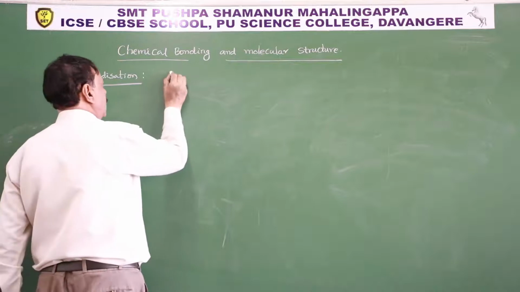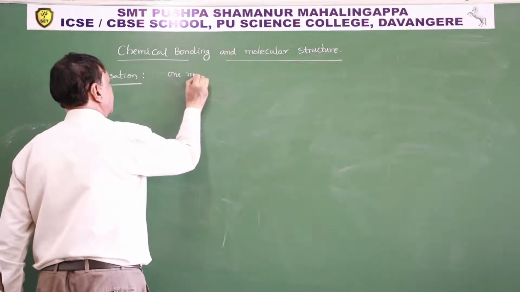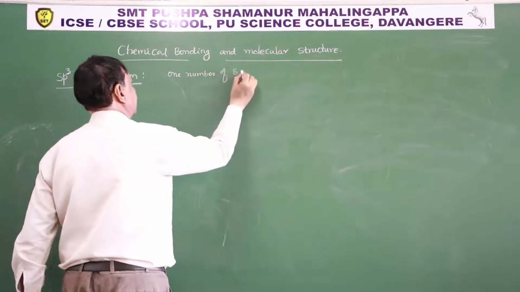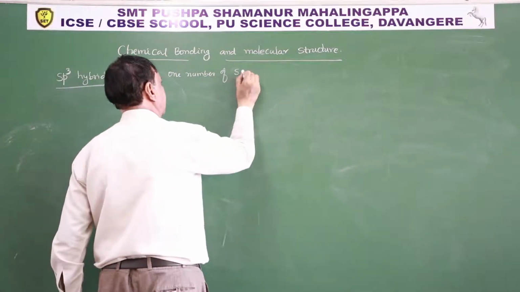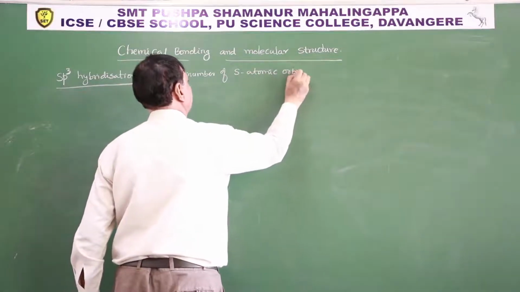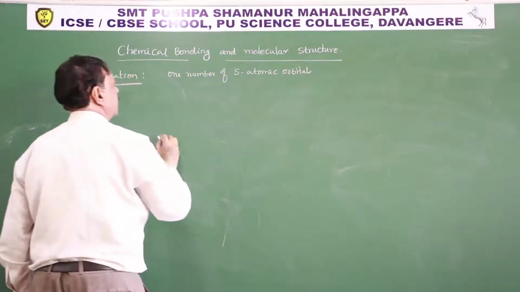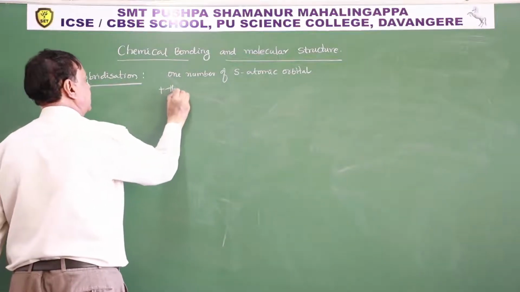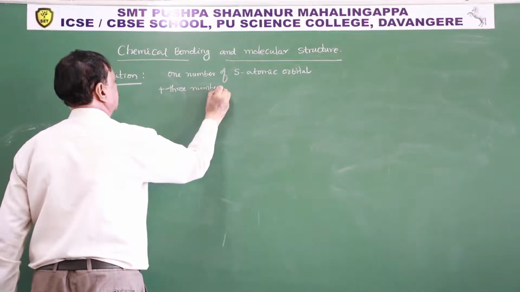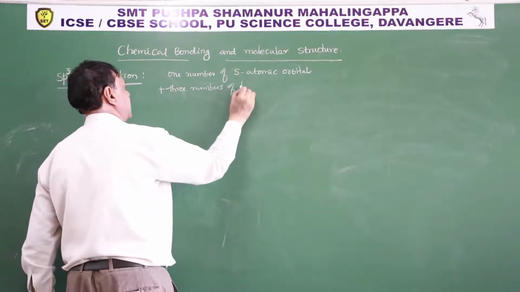Here you have one number of s atomic orbital and 3 numbers of p atomic orbitals.